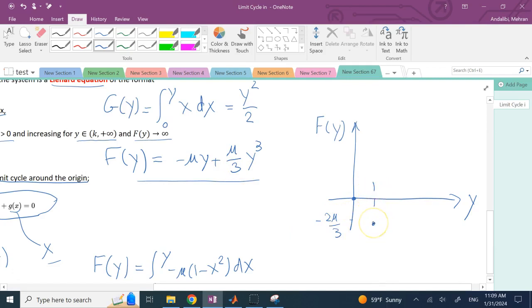It's here, and then let's make sure I did it right. Yeah, then if you say 2, then this is like 8 over 3 minus 1 over 3, right? So it's going to be positive 5 over 3.